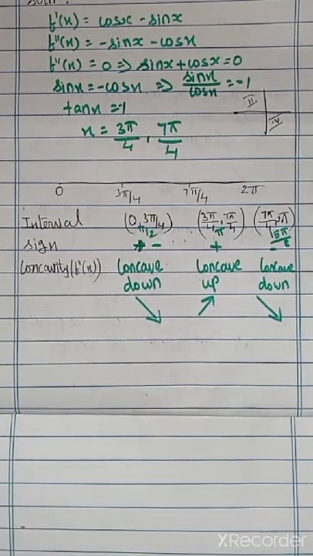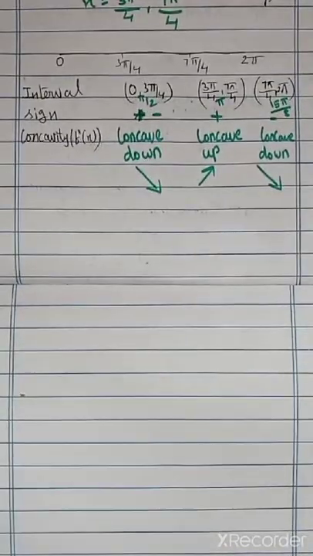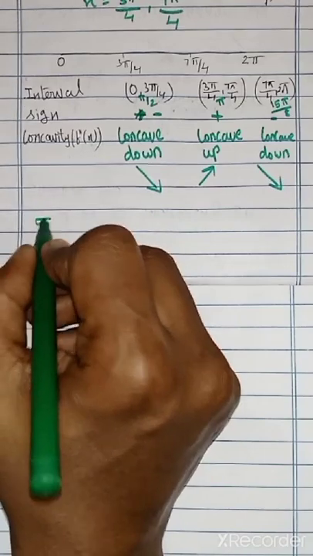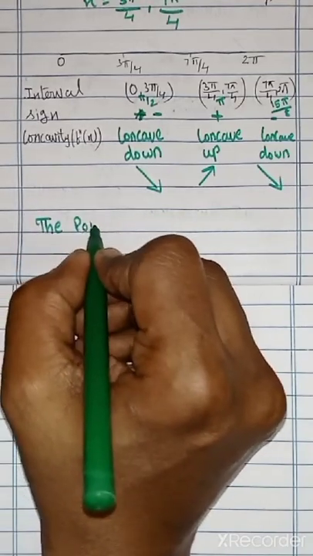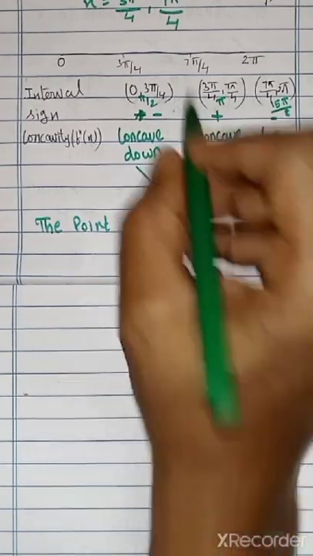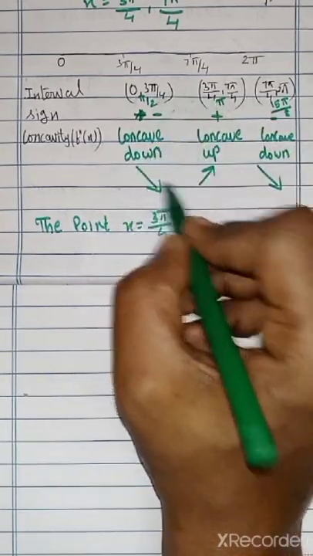Next, what we have to find out? We have to find out the point of inflection, right? So the point x equal to 3 pi by 4. Look here, at 3 pi by 4 it goes from down to up.